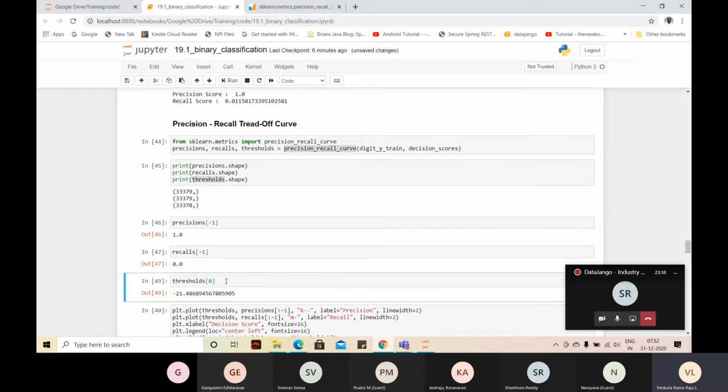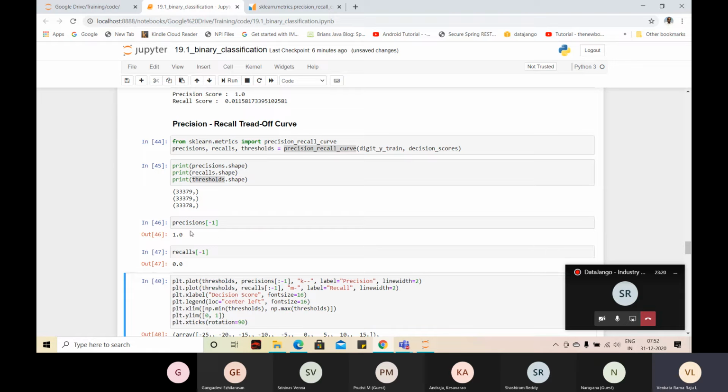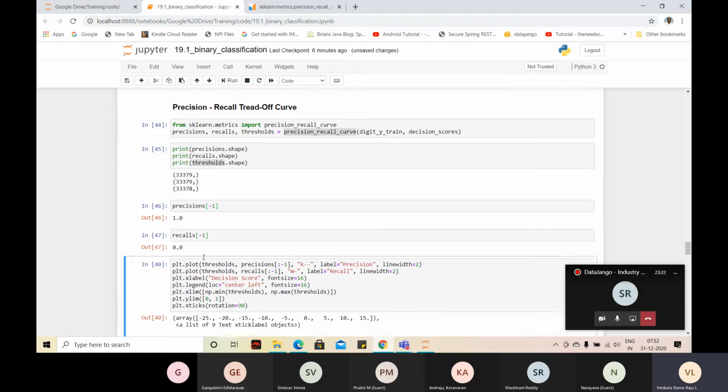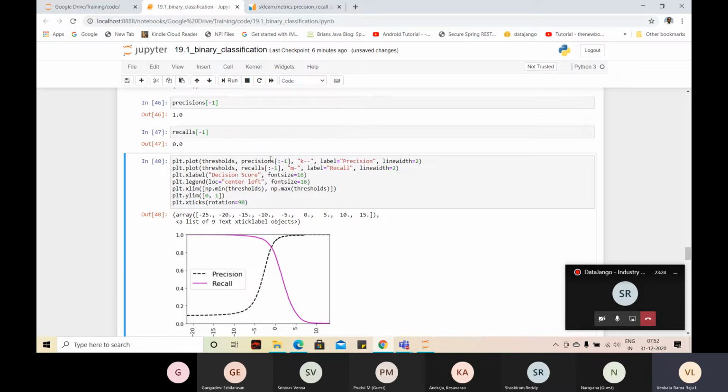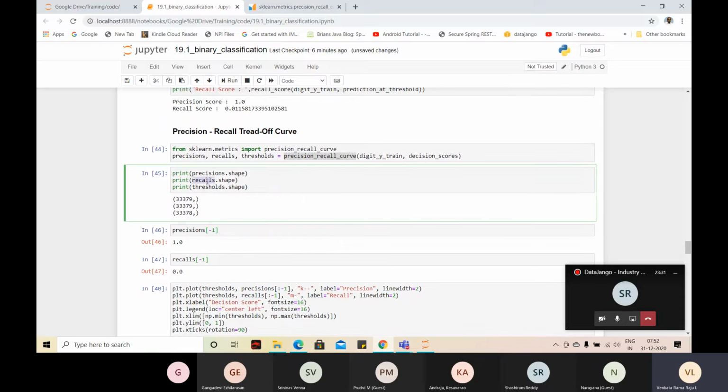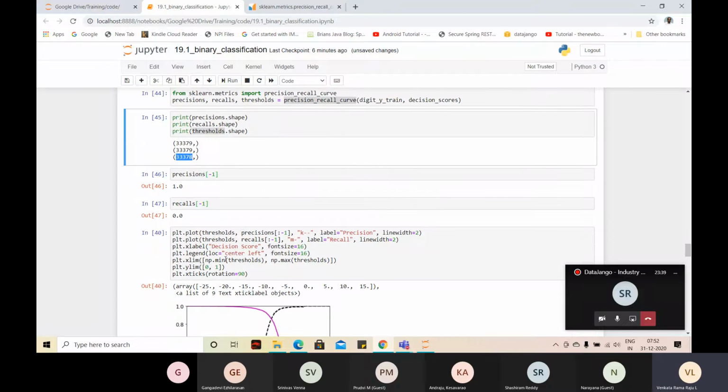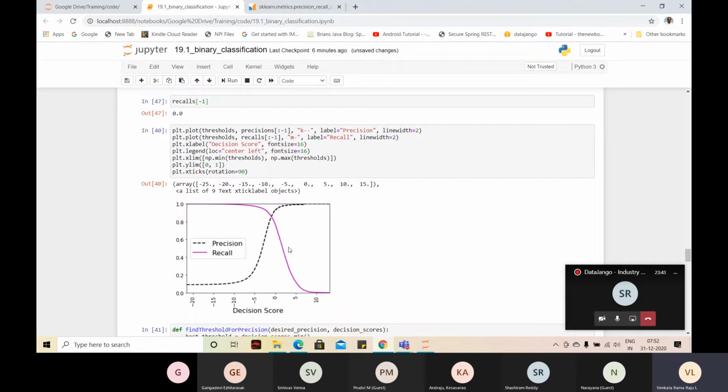That is some range, it is the last threshold, the precision and last recall are 1 and 0. So we are ignoring that and taking the rest of the ones. For those other thresholds, whatever thresholds it shows, the 33,378 ones are the appropriate, corresponding precision and recall scores.